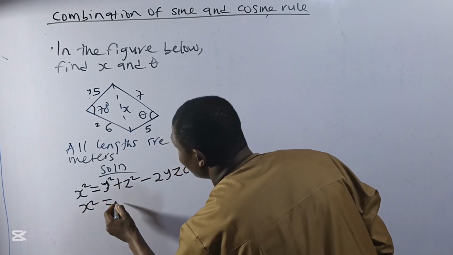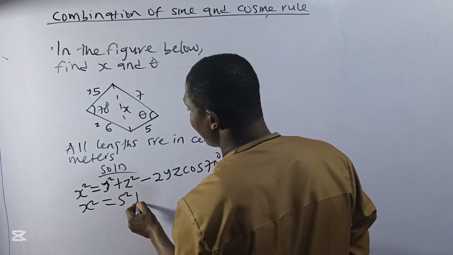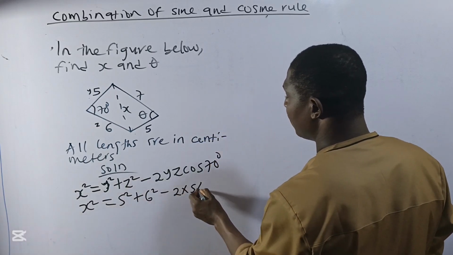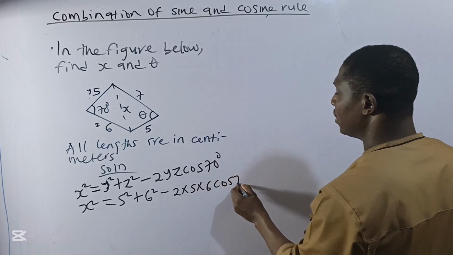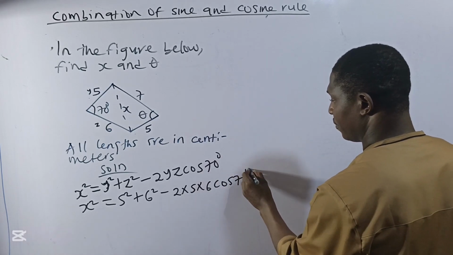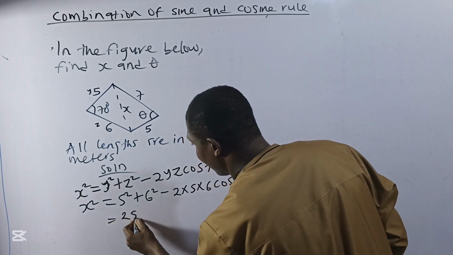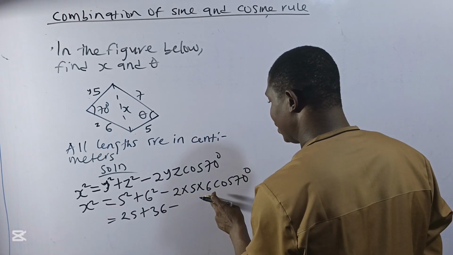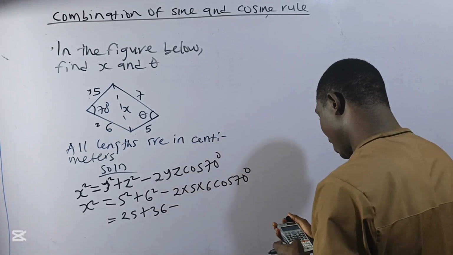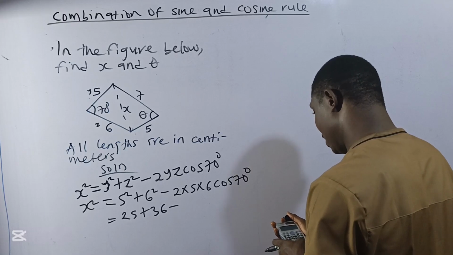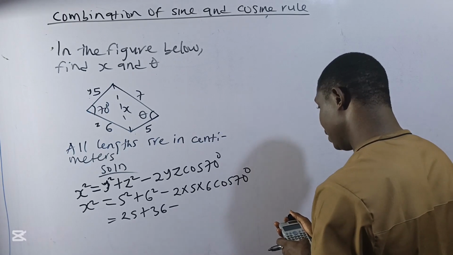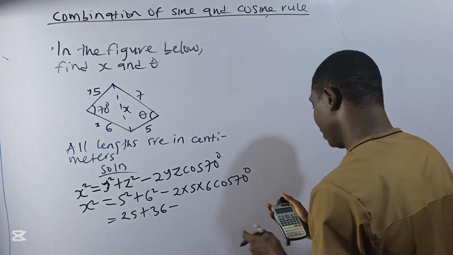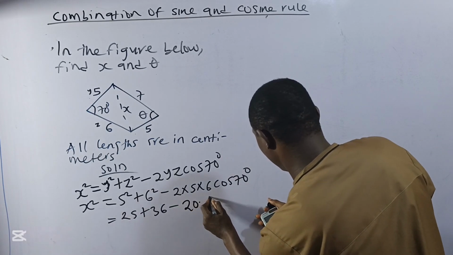So I have x squared equal to y is 5, 5 squared, plus z is 6, 6 squared, minus 2 times 5 times 6 cos 70 degrees. So this will give me 25 plus 36 minus 2 times 5 times 6, which is 60, cos 70. And I have 20.521.